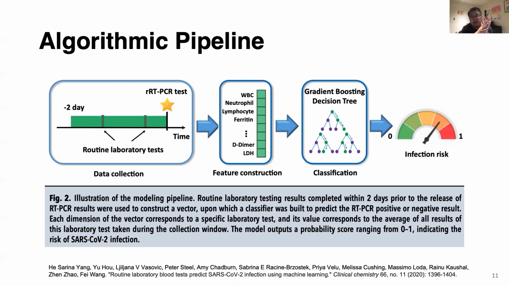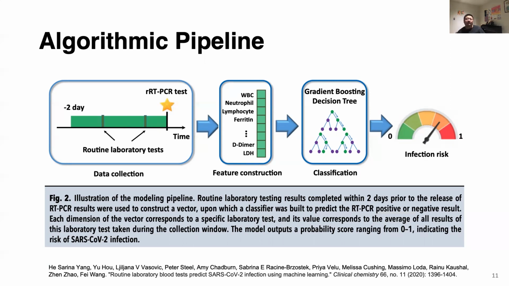There are two goals for this research. Number one is, as we said, we hope a routine blood test can serve as additional markers that can tell us more robustly the actual SARS-CoV-2 infection status of the patient.